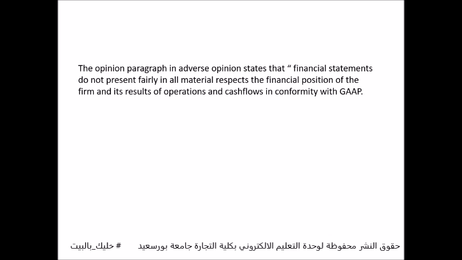The opinion paragraph in the adverse opinion states that the financial statements do not present fairly in all material respects the financial position of the firm and its results of operations and cash flows in conformity with GAAP.